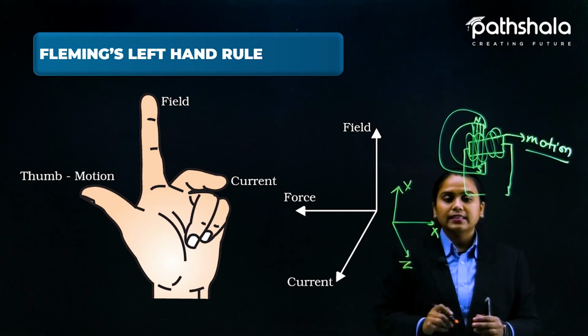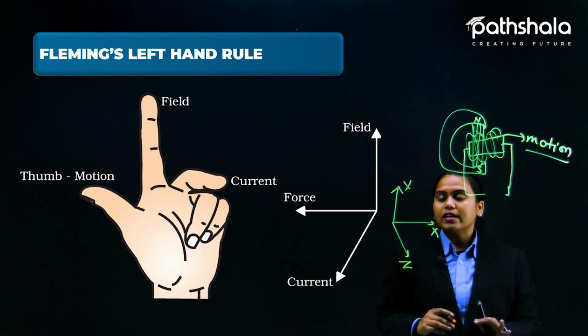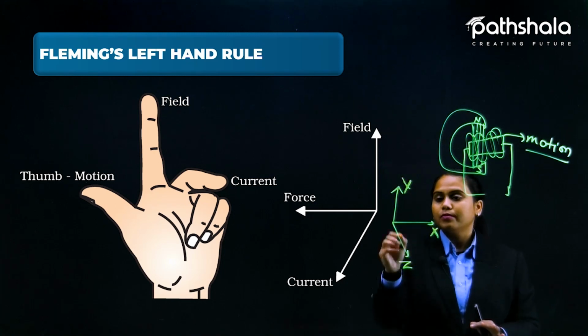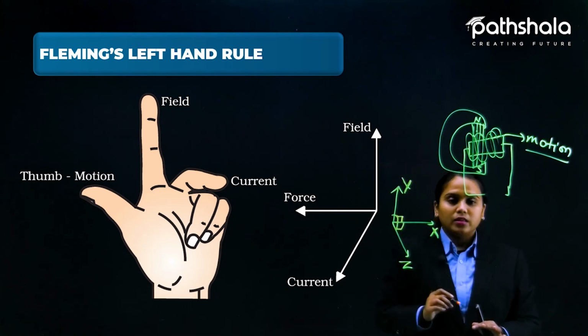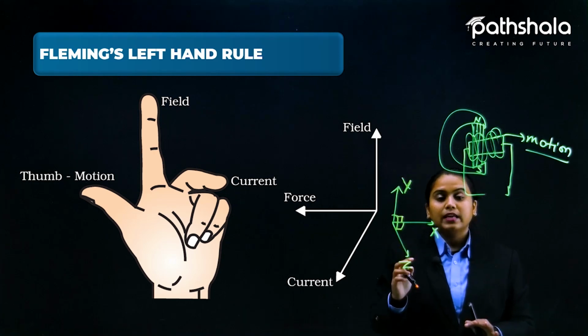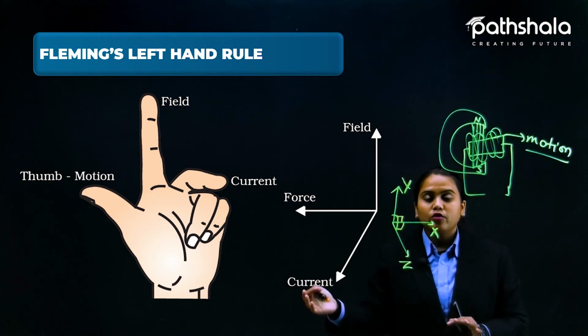So this is the y-axis, this is the x-axis, and this is the z-axis. Each is perpendicular to the others.